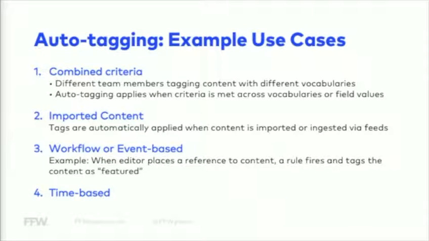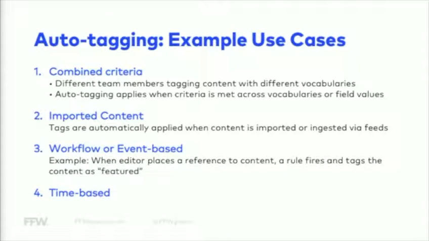You can have a rule that says, if Team A adds some tags or attributes to the content, and Team B also adds certain tags and attributes, if certain conditions apply in both cases, automatically apply this tag or category. So the website is sort of self-organizing in that way, with predefined criteria automatically applied in the form of tags.